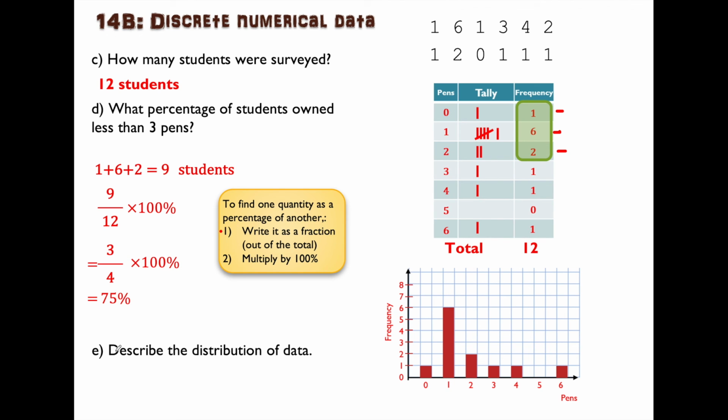Finally, we're asked to describe the distribution of the data. You can see our graph that I've copied from before is down here. Most of the results are down here, and I would say the average is probably here as well, but there are some at the positive end, some larger numbers.